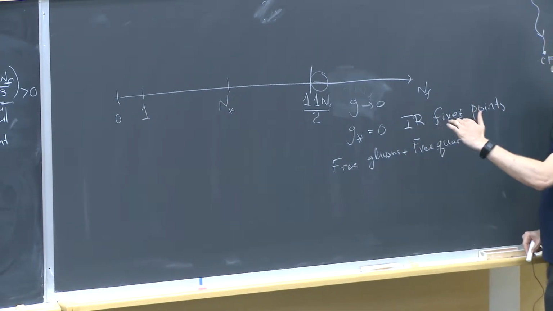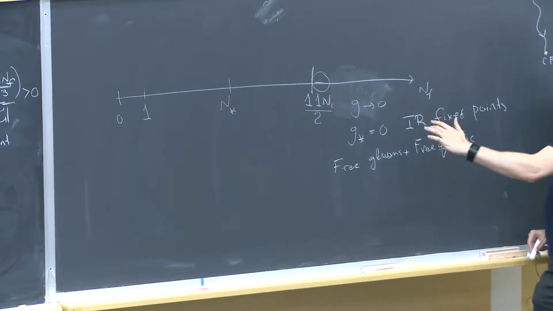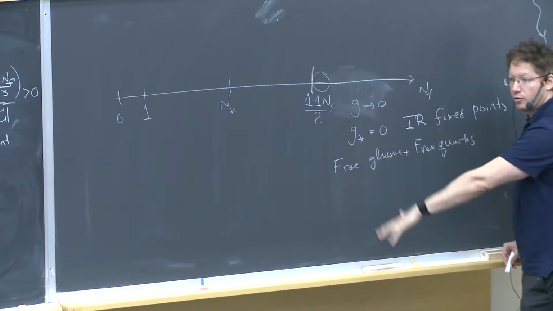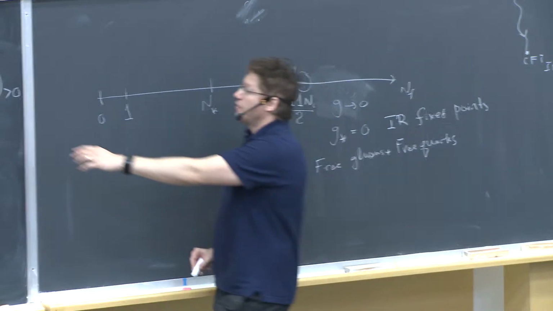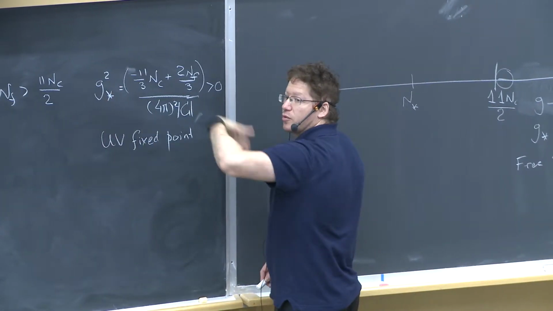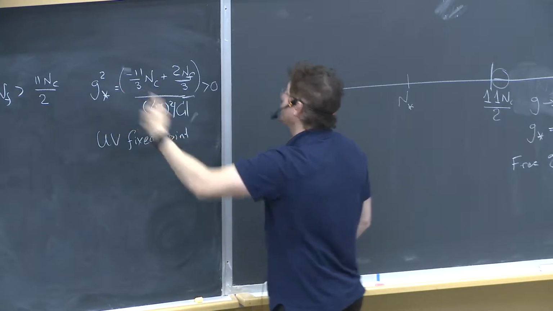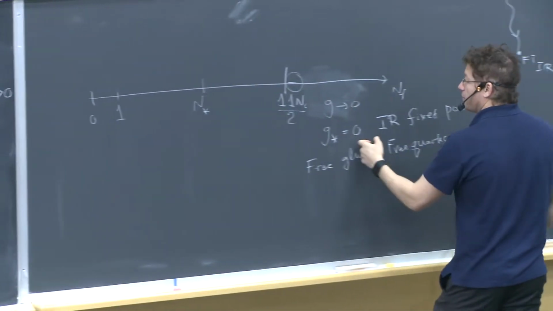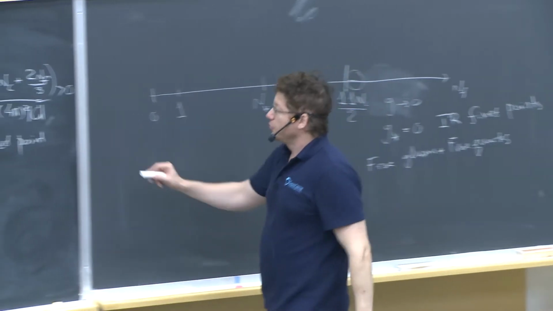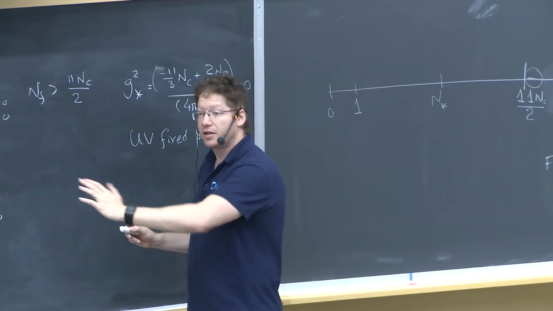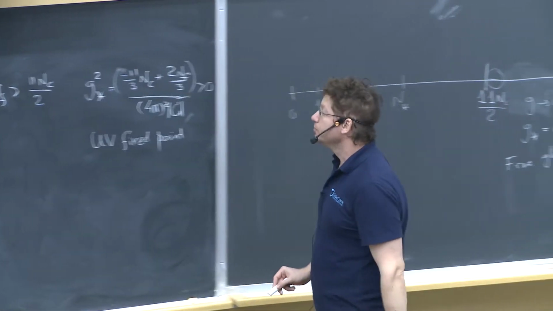Because if g is sufficiently, infinitesimally small, it would always flow back to 0. So here we now found another fixed point, but if we perturb it and add a perturbation that decreases g, then it will flow to the other fixed point. So in this scenario, there is a UV fixed point for n_f bigger than 11 n_c over 2.